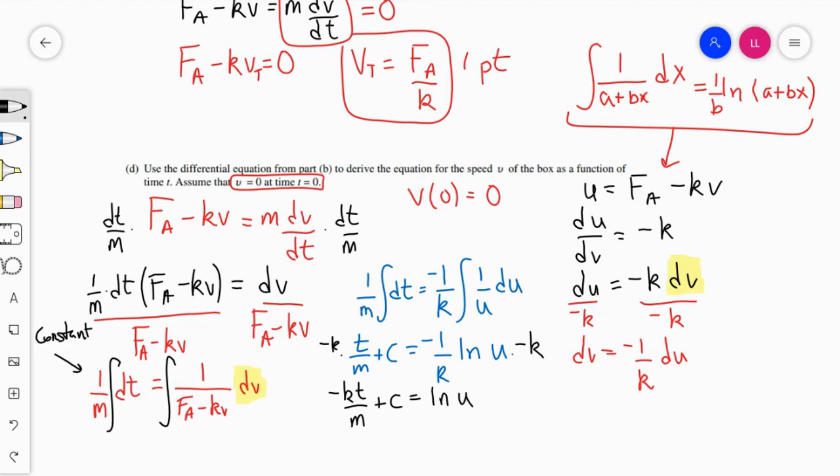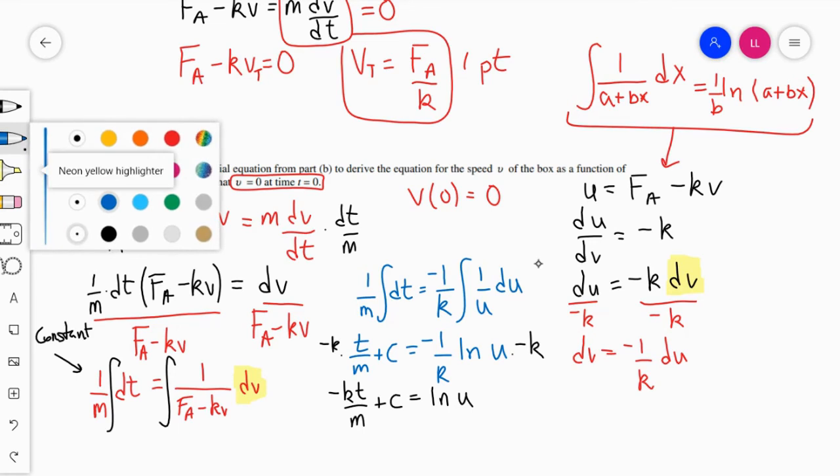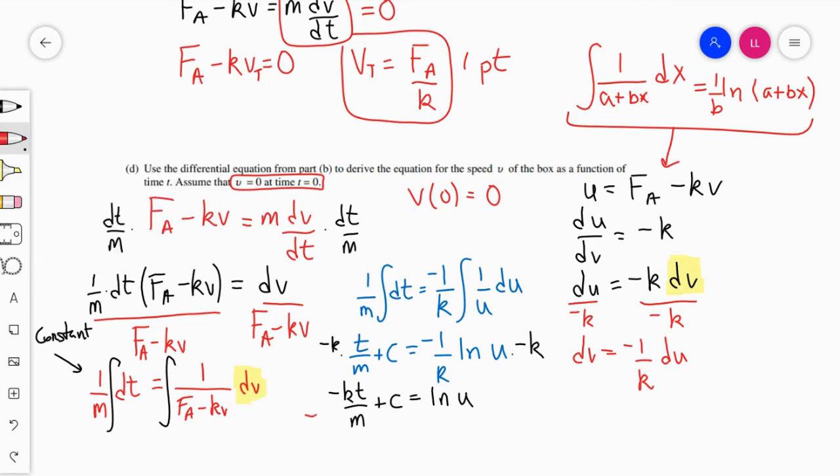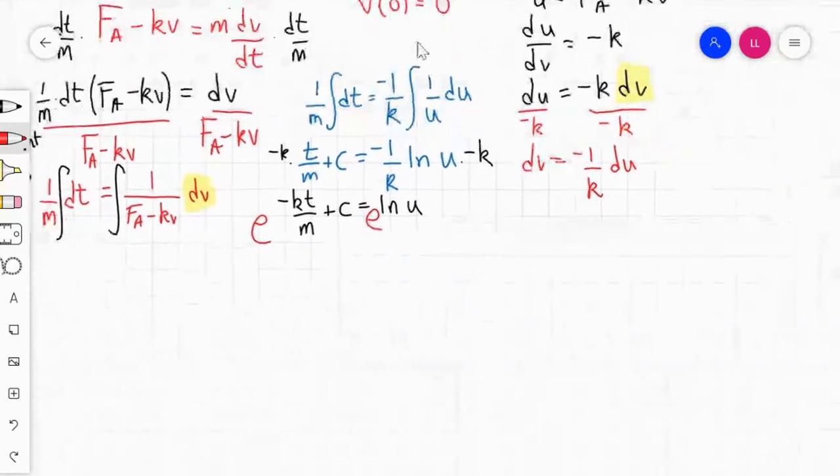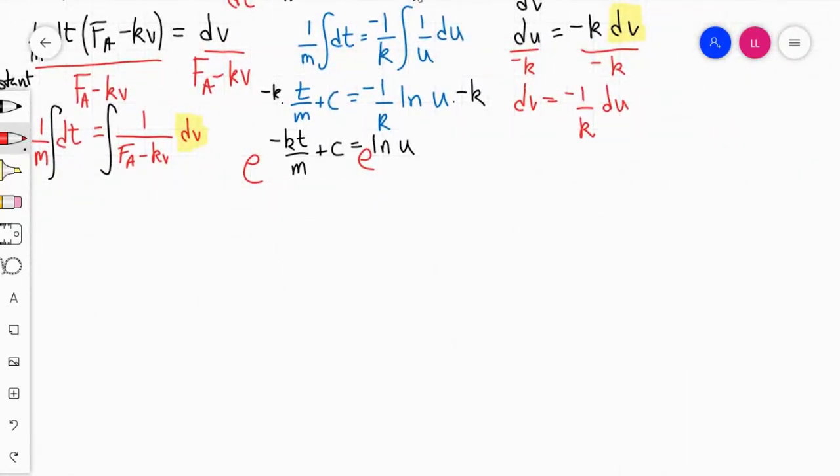Okay, and now to get rid of the ln, I raise e to both sides, and let me give myself a little bit more space here, right? And so this just becomes C, right?